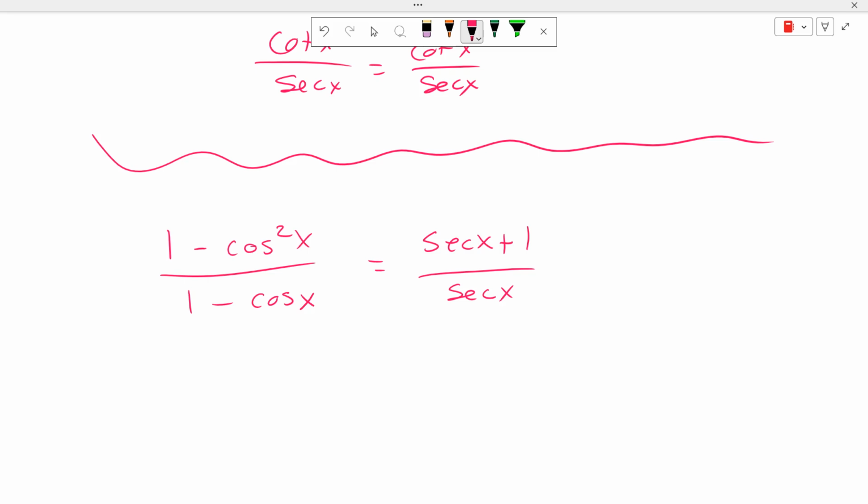Okay. This one. Now, I can't magically turn 1 minus cosine into secant. So, I got to figure out what in the heck I'm going to do. Okay? So, when I see this, I see, well, I have a minus sign down here, and I don't have a minus sign down here.